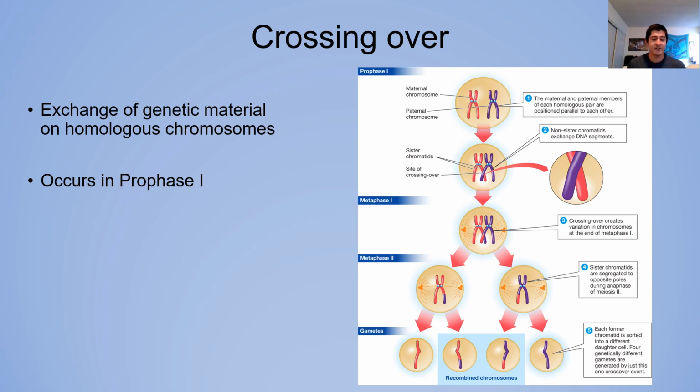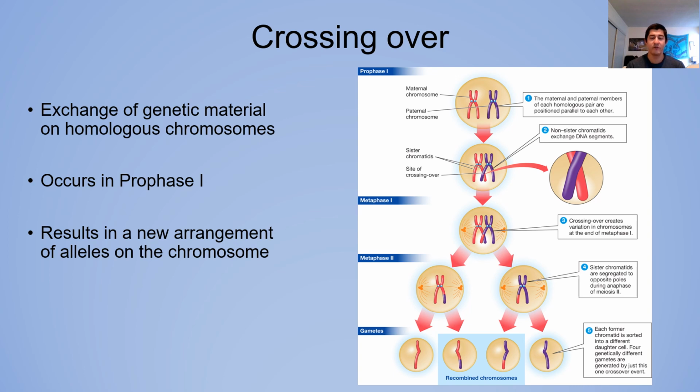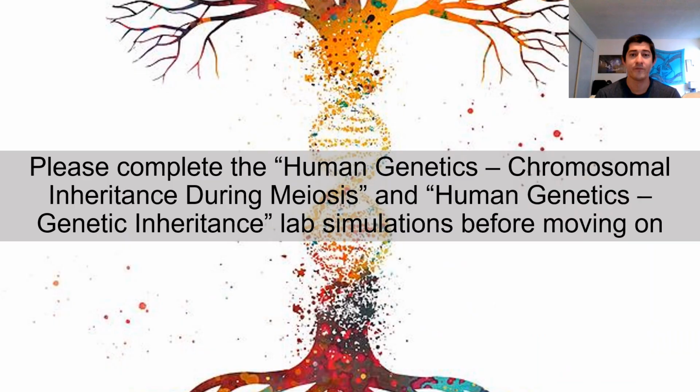And what that does is it changes the arrangement of alleles on the chromosome. Alleles are different versions of the same gene. And this functions to increase genetic variation in the offspring, even if you don't have changes to the genes through something like random mutation. And so this is really important for increasing some of that genetic variation in offspring.